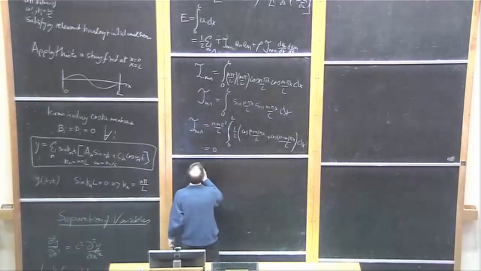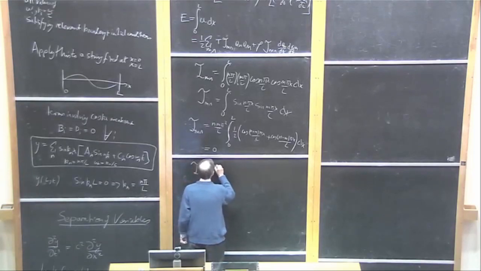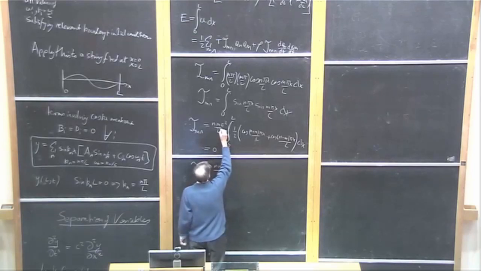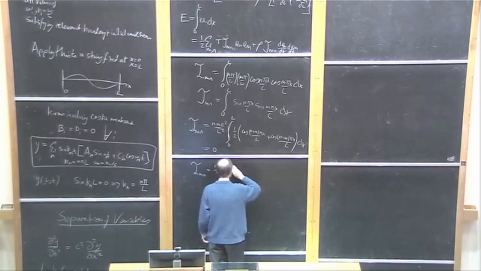Okay, so let's do that explicitly. So I_mn is n m pi squared over L squared. The integral, wait a minute, I'm going to do the integral, aren't I?